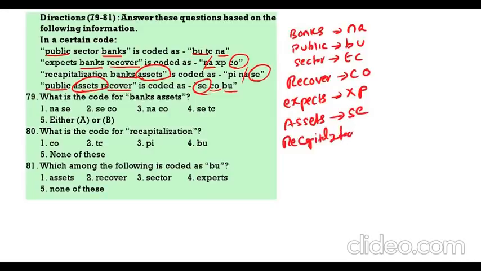Recapitalization means PI. So these are the codes: banks NA, public BU, sector TC, recover CO, expects XP, assets SC, recapitalization PI.